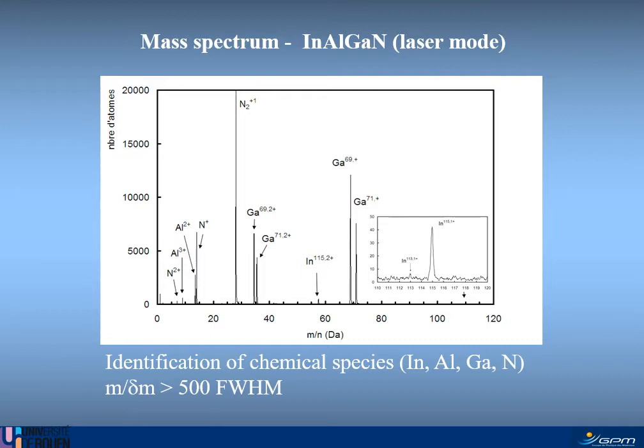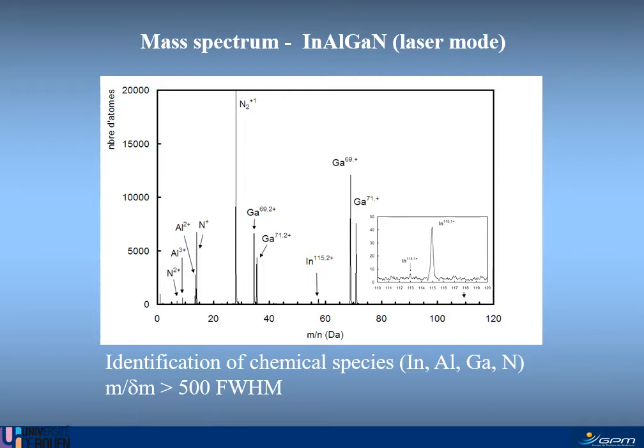For instance, here aluminium 2 plus is at 13.5 because the mass of aluminium is 27, and 27 divided by 2 is equal to 13.5. You can also have a peak here. If this is N2, the mass of nitrogen is 14 atomic mass units, so N2 is 28.